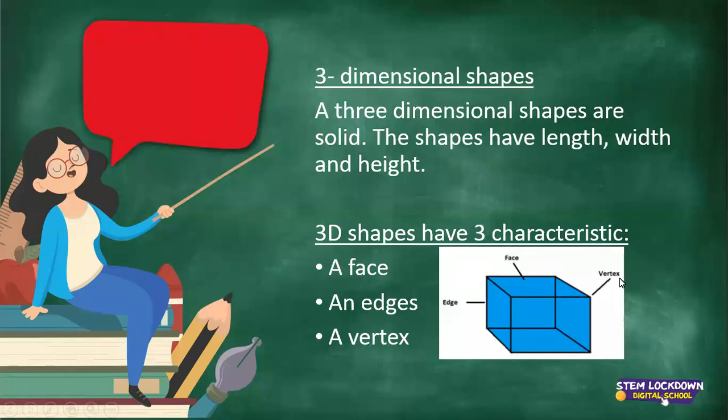Here the pointer is pointing right to this corner, and that is called a vertex. Every corner on this object will be known as a vertex, or if it's more than one, it will be vertices.